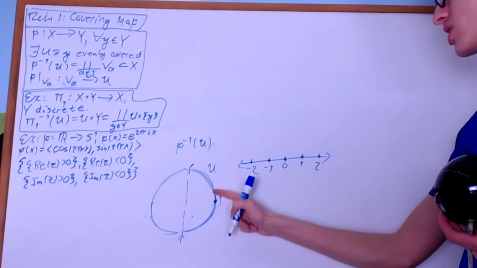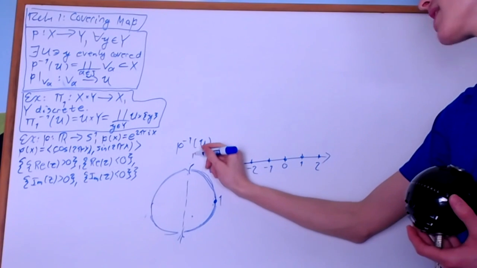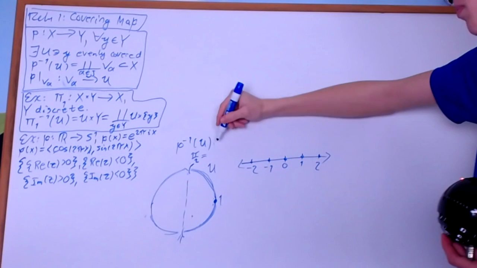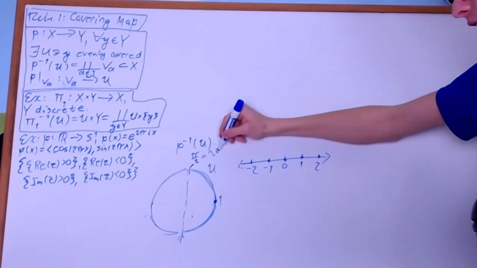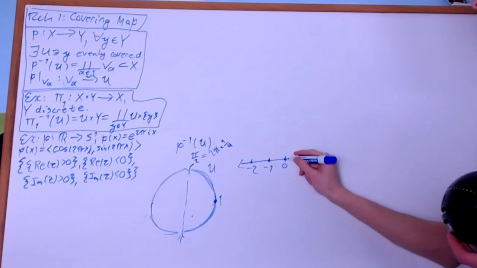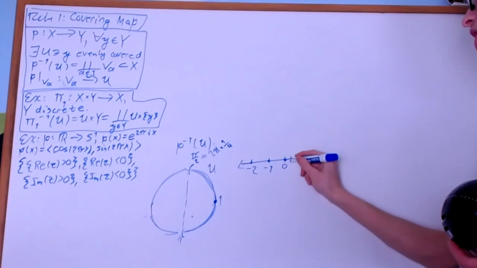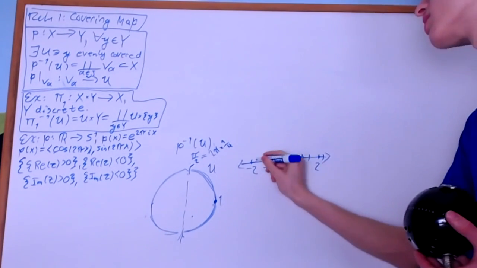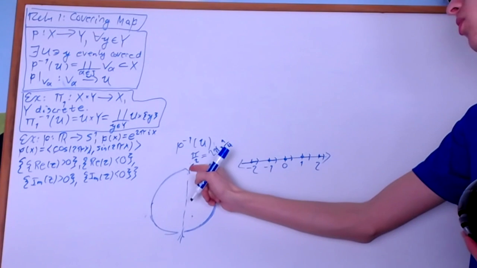Well, if we go along that way, right here the angle is pi over 2, and that angle pi over 2 is 2 pi times a quarter. And so that means that all of those values up to a quarter past the integers are included as well, because we want it to go all the way up to there.